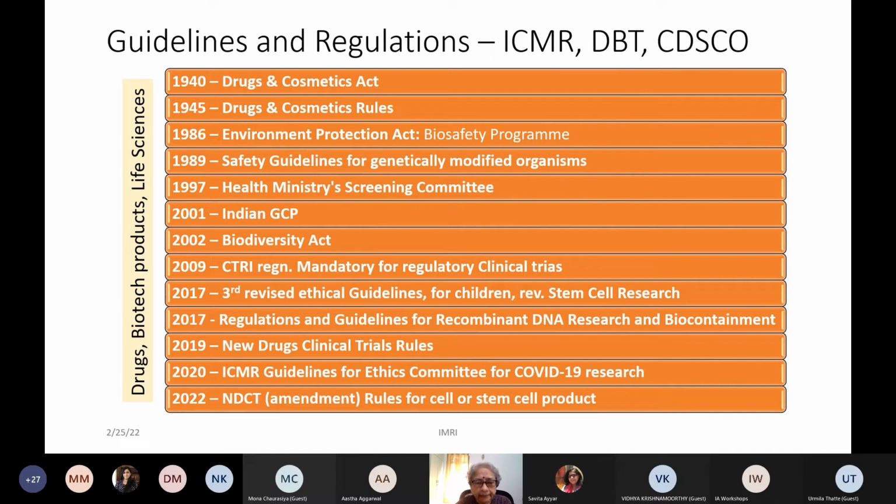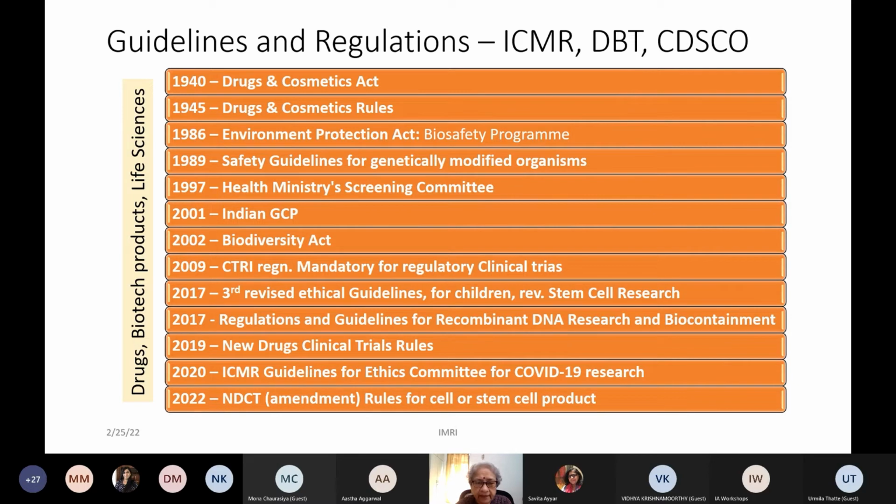In 2009, the Clinical Trial Registry of India, which was actually launched in 2007, was made mandatory on 15th June 2009, so that all regulatory clinical trials have to be registered in this registry.